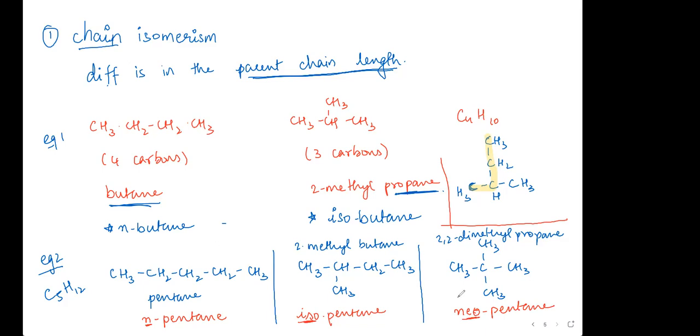And this sort of naming only works with butane and pentane, because if you start having a greater number of carbon atoms, the number of isomers increases. Butane has 2 isomers, pentane has 3 possibilities. Hexane I think goes up to 5 possibilities. And then heptane, octane: as you increase the number of carbons in a molecule, the number of isomers increases exponentially.